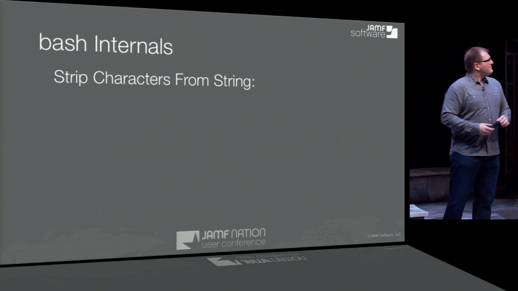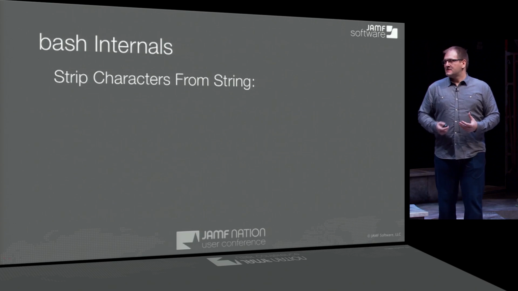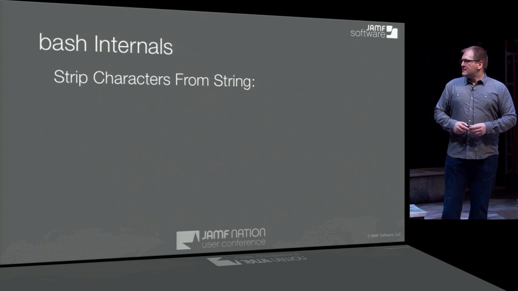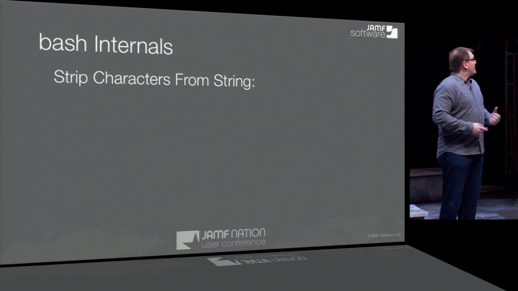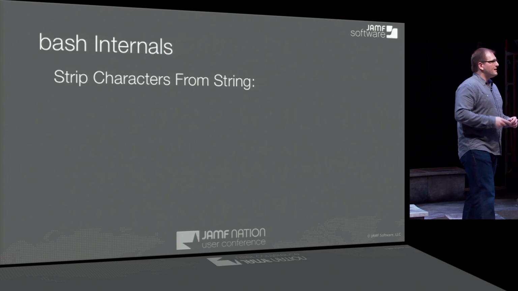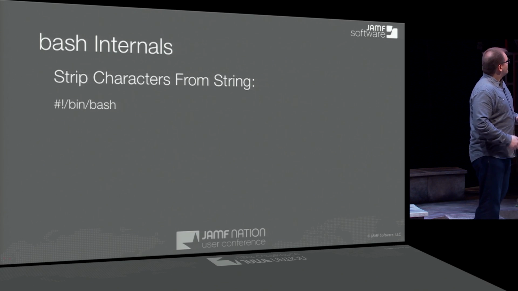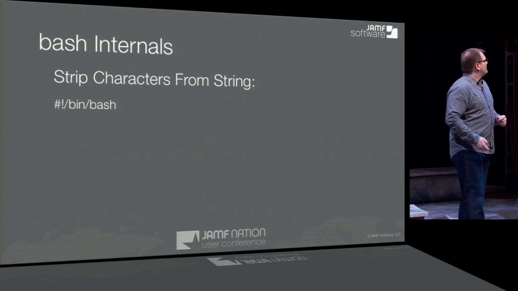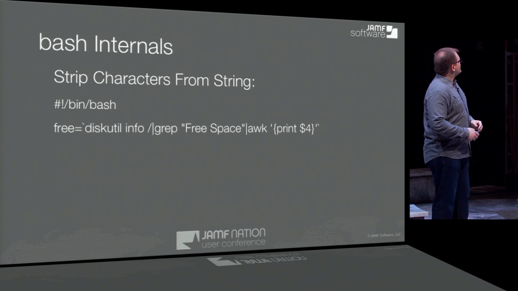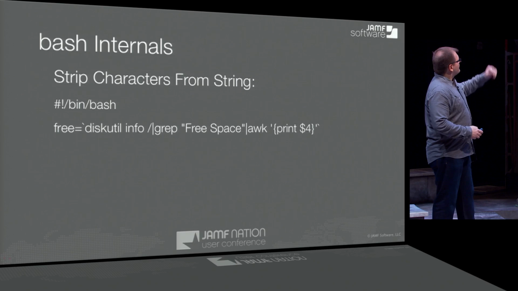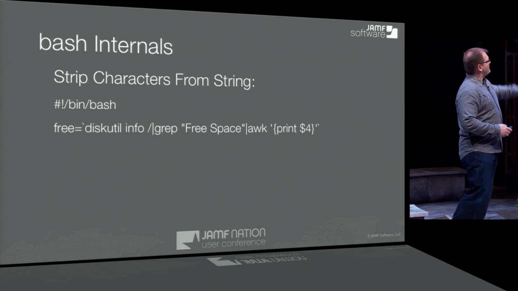So bash has some built-in pieces that are going to allow us to manipulate some strings. So instead of going out to something like cut or sed or awk, I can actually do it with some built-in variable functions. So here's an example. I've got a new script. And so I'm calling for the free space again. Right? I want to print that fourth field.